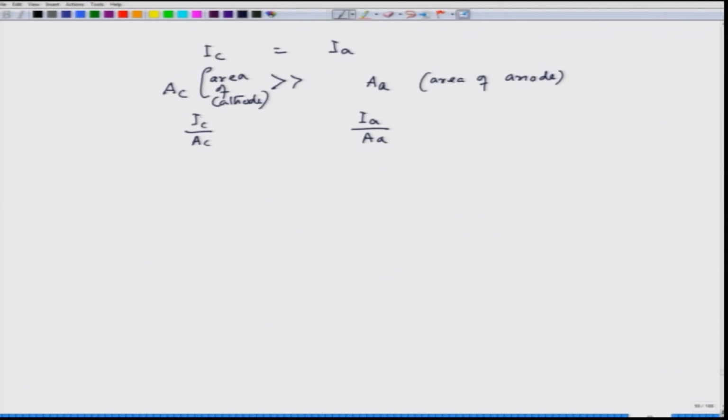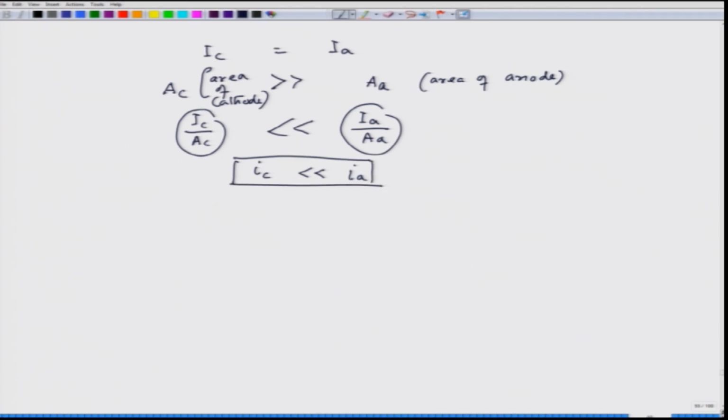Now, if we see this ratio, since A C is much greater than A A, I A should be greater than I C, or I would say the cathodic reaction rate is much lesser than the anodic reaction rate.